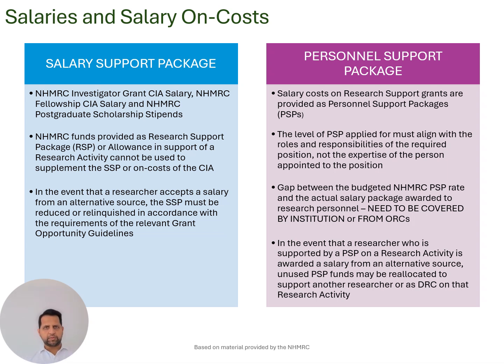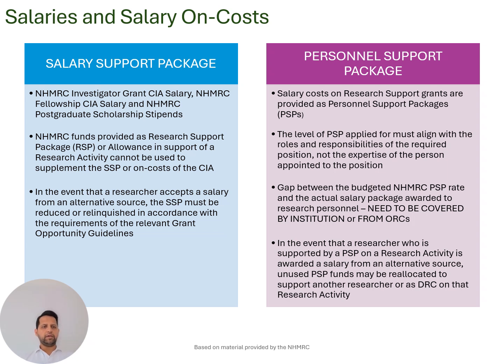There are different levels of PSP: PSP 1, 2, 3, 4, and 5, and the NHMRC has clear guidelines on who should get a PSP 1, 2, 3, 4, or 5. So I would strongly recommend you have a look at those guidelines. In the salary section of your application budget, the level of PSP that you apply for must align very well with the roles and responsibilities of the required position rather than the expertise of the appointed person.